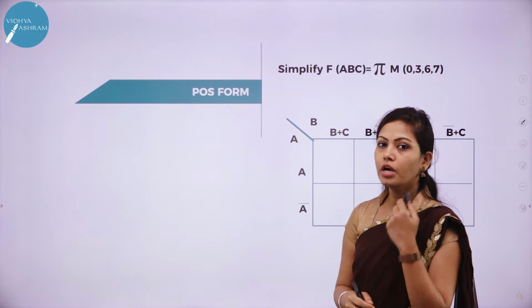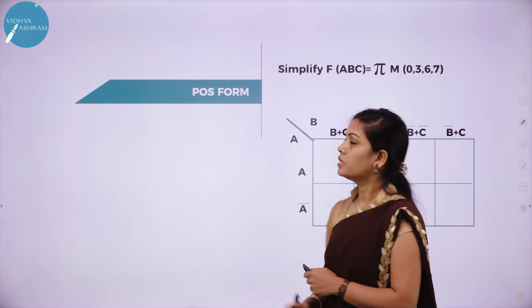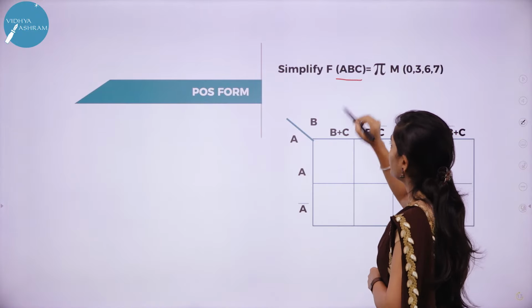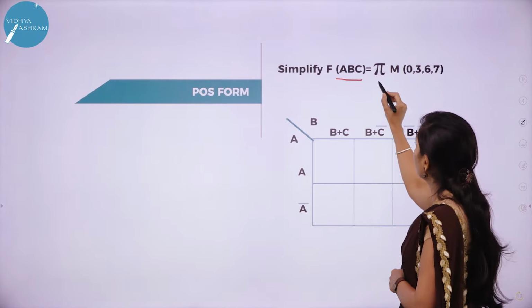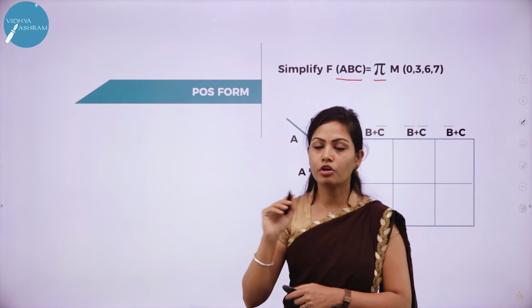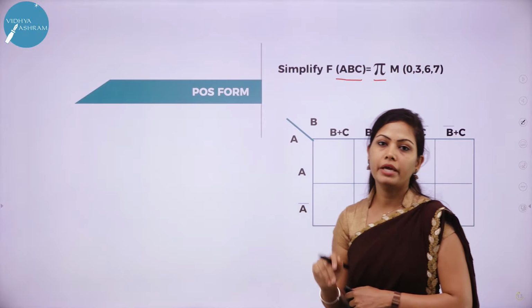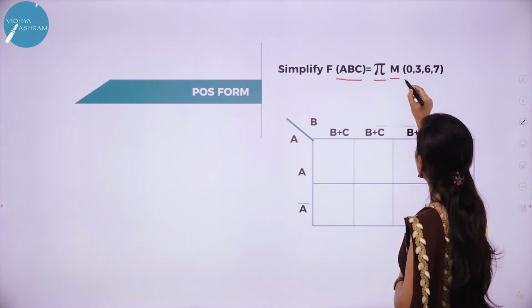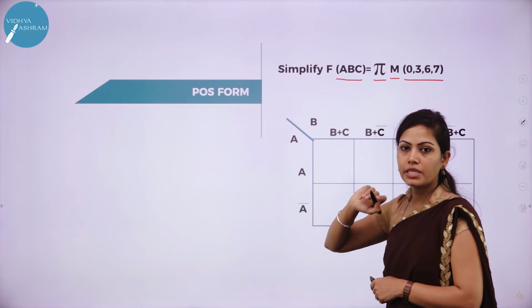And next problem is POS form. It's related to product of sum form. So how to simplify product of sum form? Here we have 3 variables called A, B, C and here they have given the pi symbol. Why is it the pi symbol? Product of sum means it should be in pi and capital M, and they have given 4 numbers: 0, 3, 6, 7.